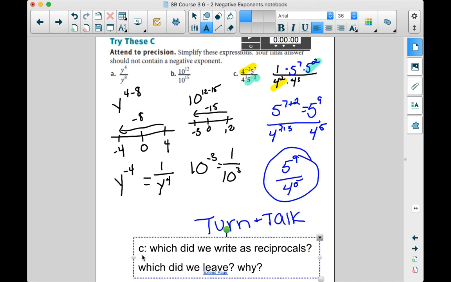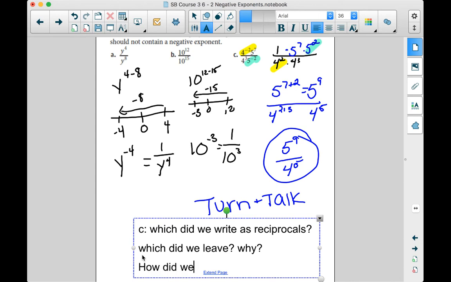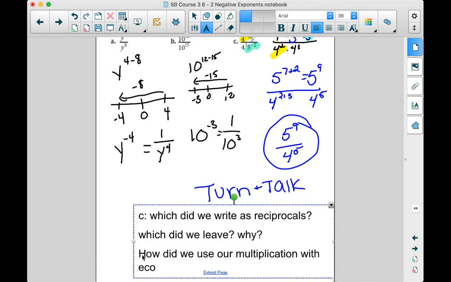Why? And then how did we use our multiplication with exponents rules to simplify? Talk about those 3 things, and then hit play.